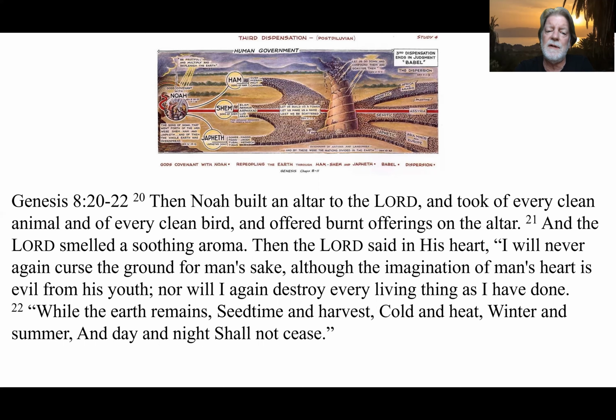But the fact that God had a different destiny for both the clean and the unclean animals on the ark is an indication that this dates back before the law of Moses, that people knew which kinds of animals were appropriate for offering as sacrifices and which ones were not.